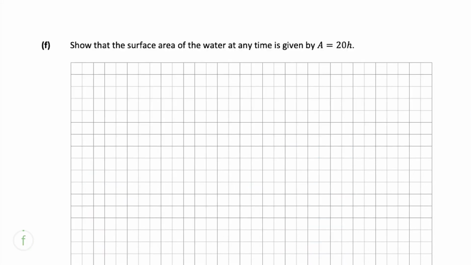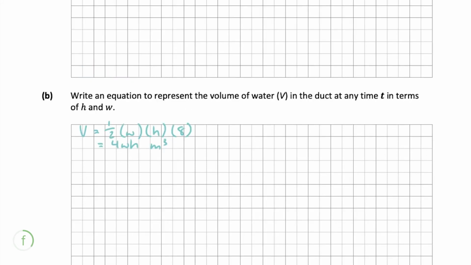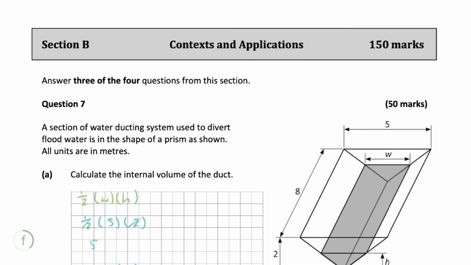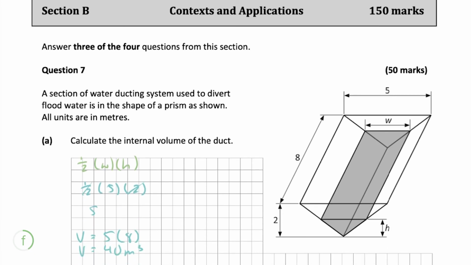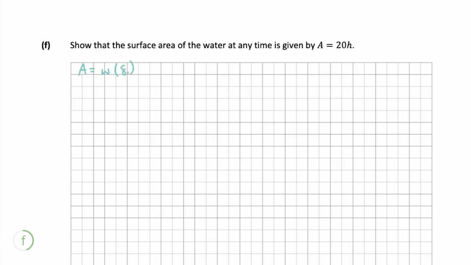Okay, now part F, it's asking us to show that the surface area of the water at any given time is given by A is equal to 20h. Because the surface area of the water is simply a rectangle, we know that the area is going to be the width multiplied by the length, which was given in the question as 8.